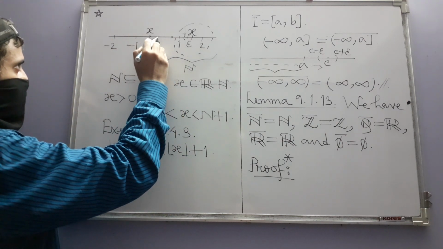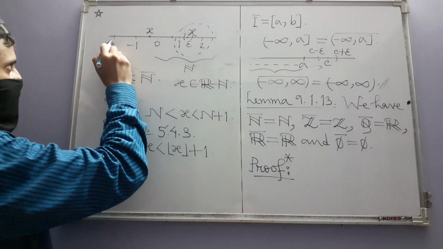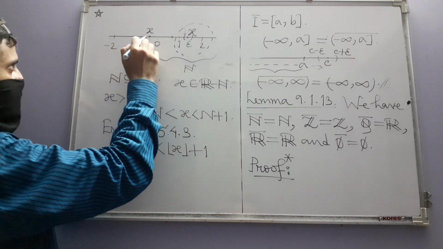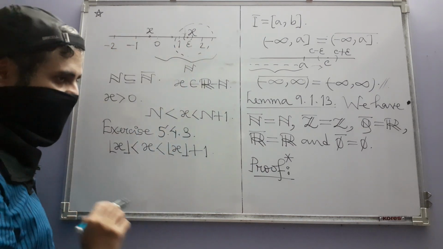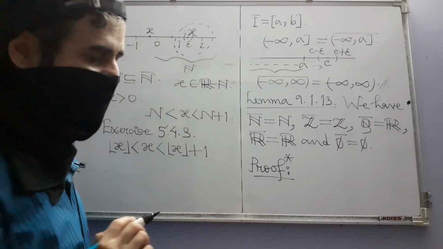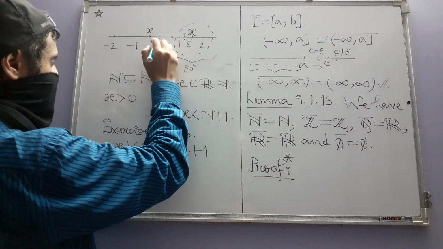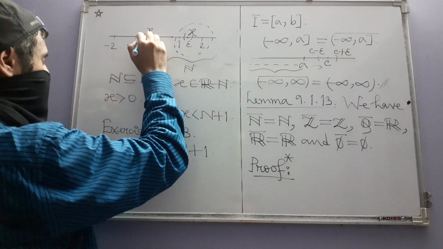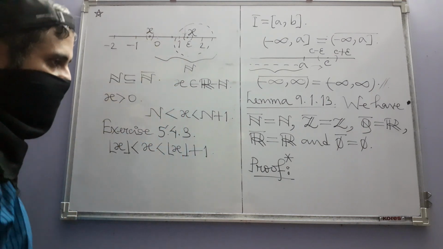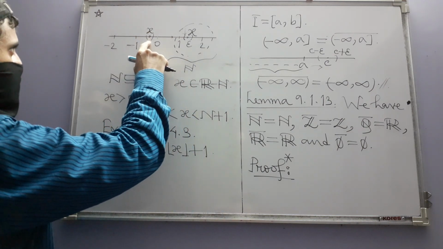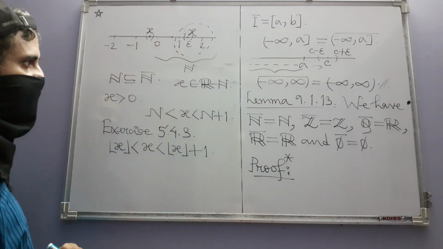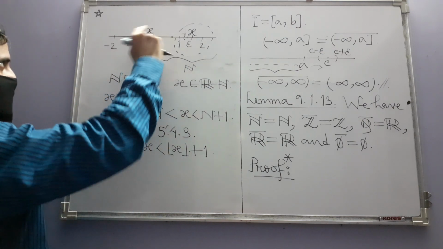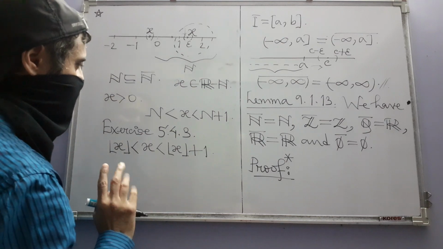If x gets further and further away from 0, then it becomes very easy to find that region around x which will have no point of N. But even if your x is somewhat close to 0, you can still find a region around x which has no natural number. So that will show that this x is not an adherent point of N.